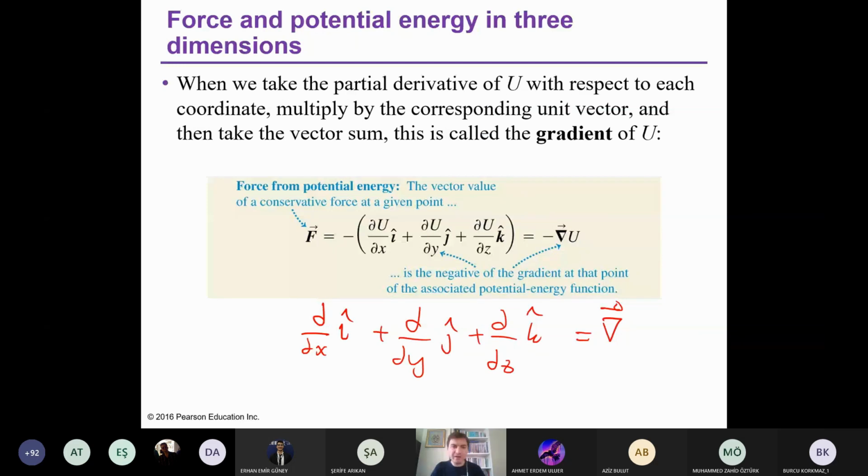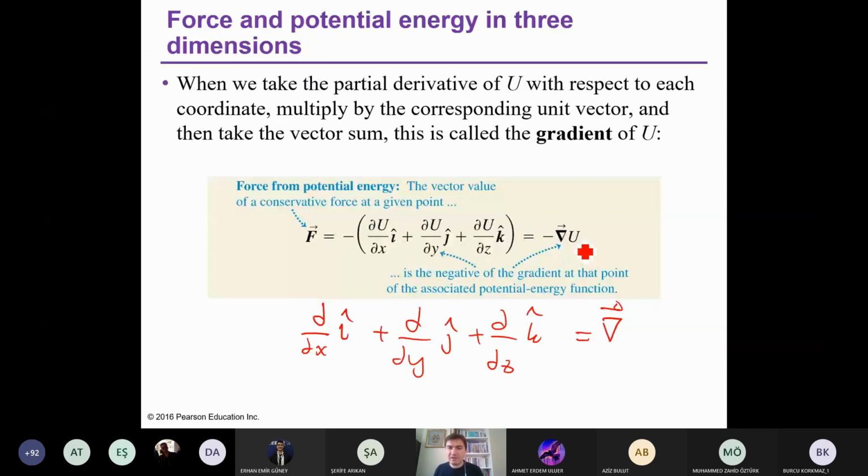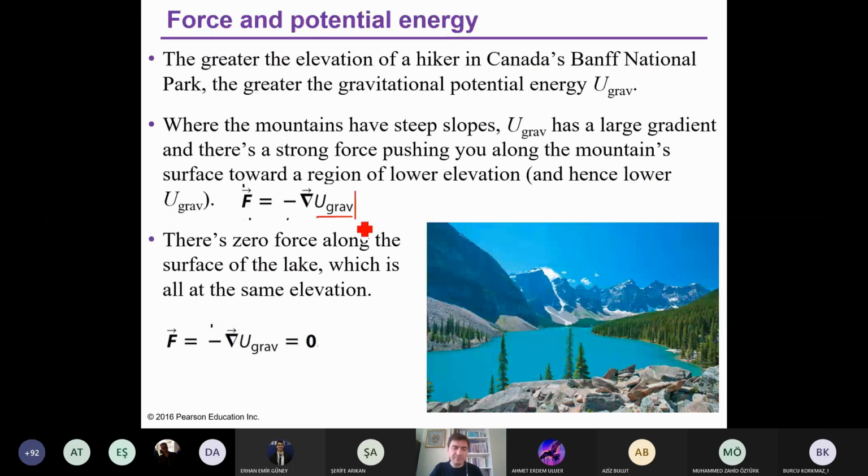If not, let me continue. Now let's apply this information here. And here we have U. It can be elastic potential energy, gravitational potential energy, or electric potential energy, okay? So here I have an example with the gravitational potential energy. So the force is given with minus gradient U gravitational. So now let's apply this formula in this example. The greater the elevation of a hiker in Canada's Banff National Park, the greater the gravitational potential energy.